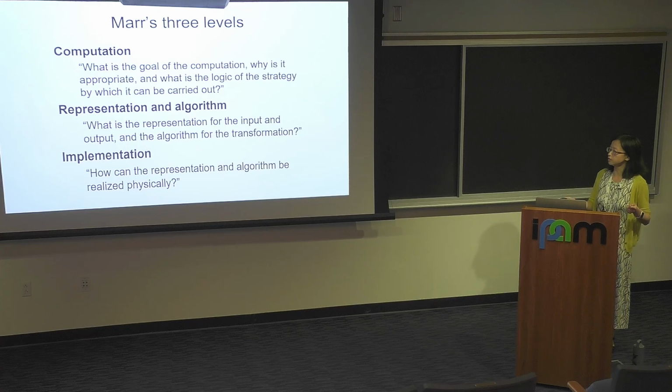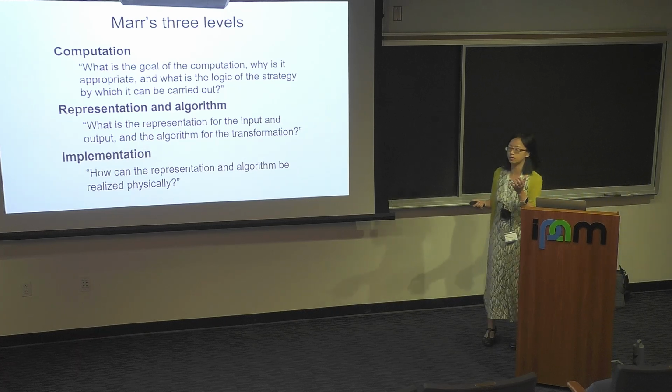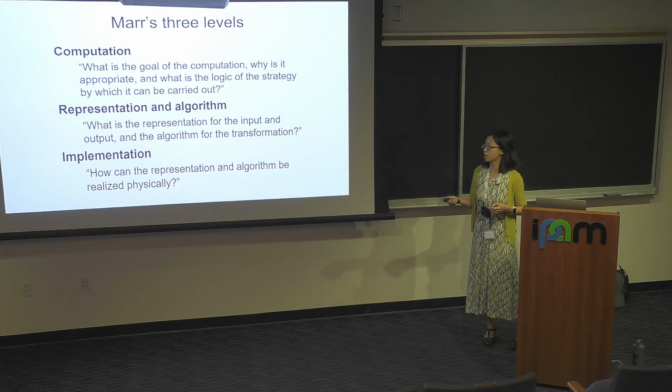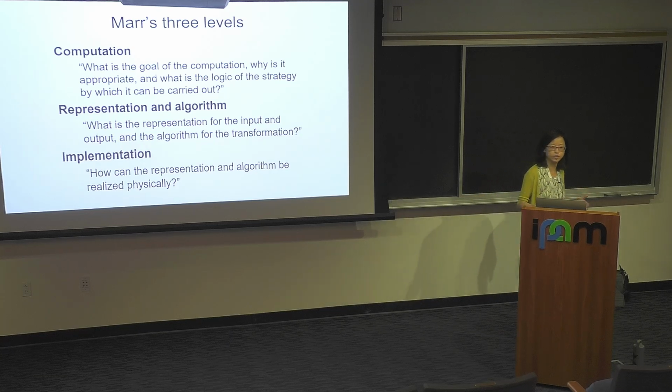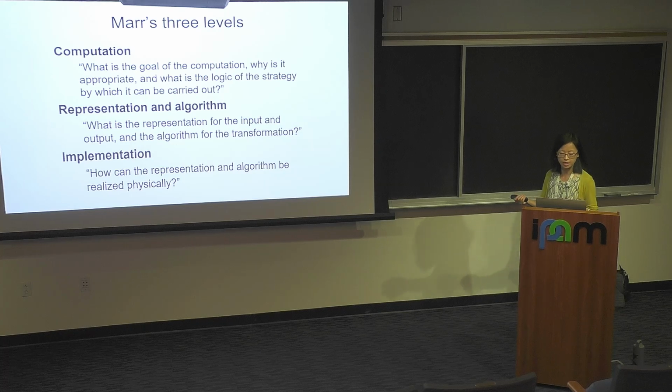The implementation level is how we implement it. All these representations and algorithms for solving these computational problems can be implemented using the biological system in our brain, or implemented in AI systems and so on.